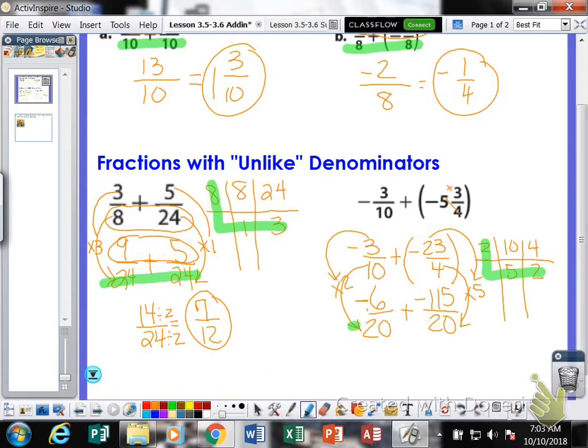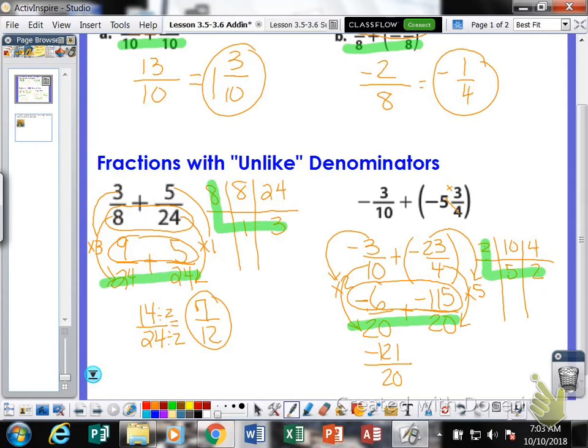Now that the denominators are the same, I can add my numerators. So when I add, I have a negative 6, so I owe somebody $6, and I owe $115 more. So that's going to be a negative 121 over 20.